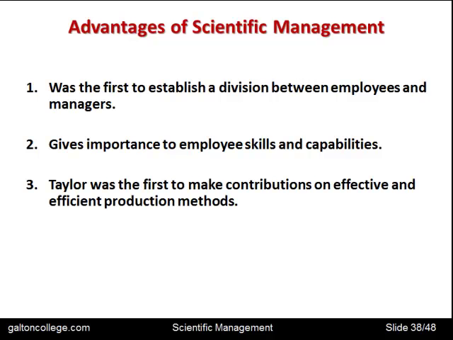Taylor was the first to make contributions on effective and efficient production methods. So it was looking at production methods, but looking at the efficiency of the production method. Prior to Taylor, there were production methods, and there was almost an acceptance of what was coming off at the end. That's as much as could be produced.